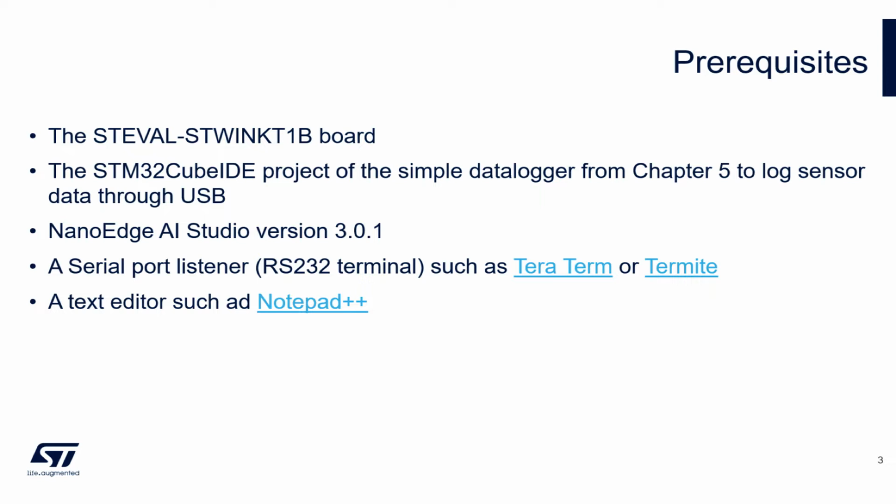We will use TeraTerm, but Termite is also another RS-232 terminal that can be used, and there are several others. We will also need a text editor that is able to show all the characters, even non-printable ones, to see if the file is properly formatted. We will use Notepad++ in this case. All the links are in the presentation, in the materials section.